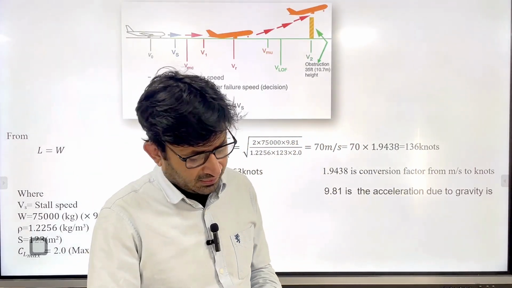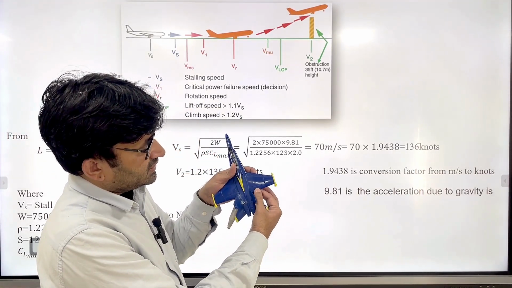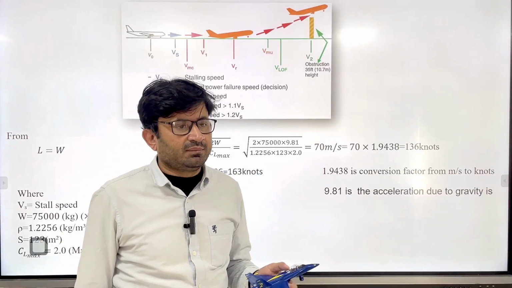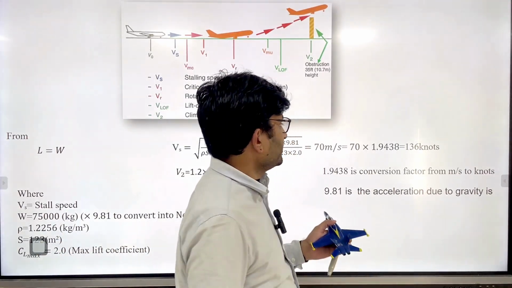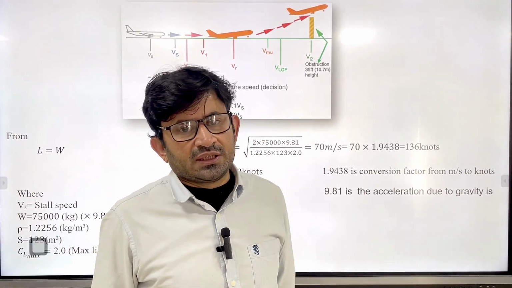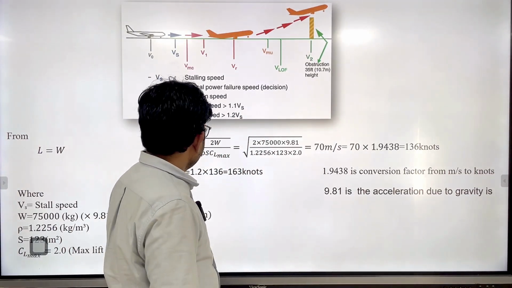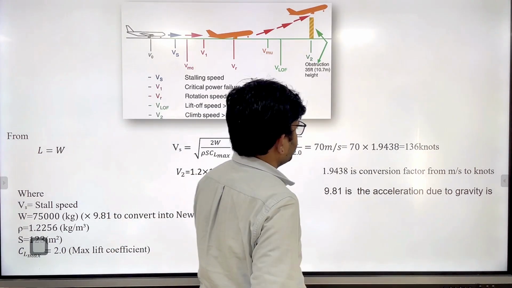I already explained to you, flap is a control surface. When you deflect it, it changes the camber and increases the lift. We will see the significance, why we generally want this increment in CL. With CLmax of 2, you will get the speed around 70 meters per second.